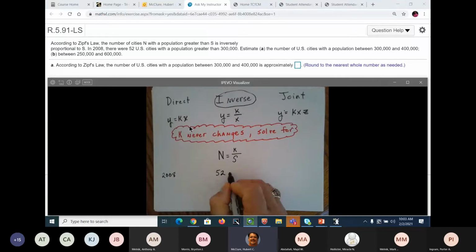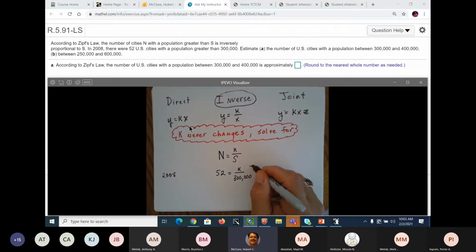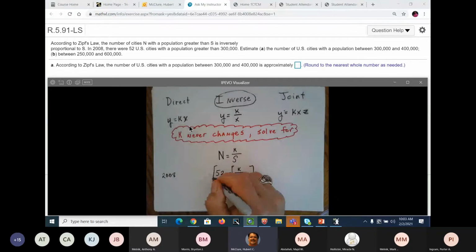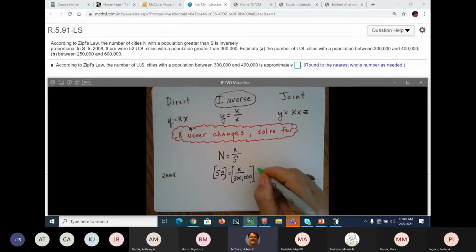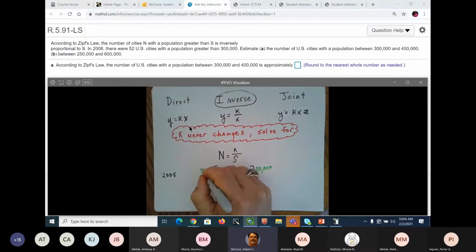Okay, now you just solve for K. So we got to solve for K. That means I'm going to multiply both sides by 300,000, or whatever that number is. And the 300s cancel.